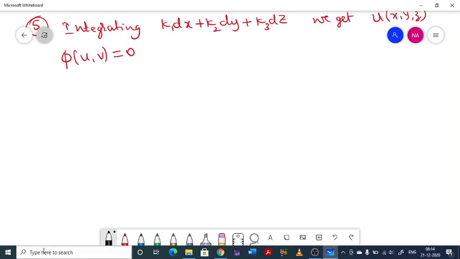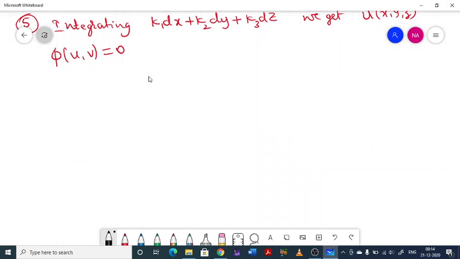Now let us try to solve some problems. Problem A, solve xp plus yq equal to z. Solution.